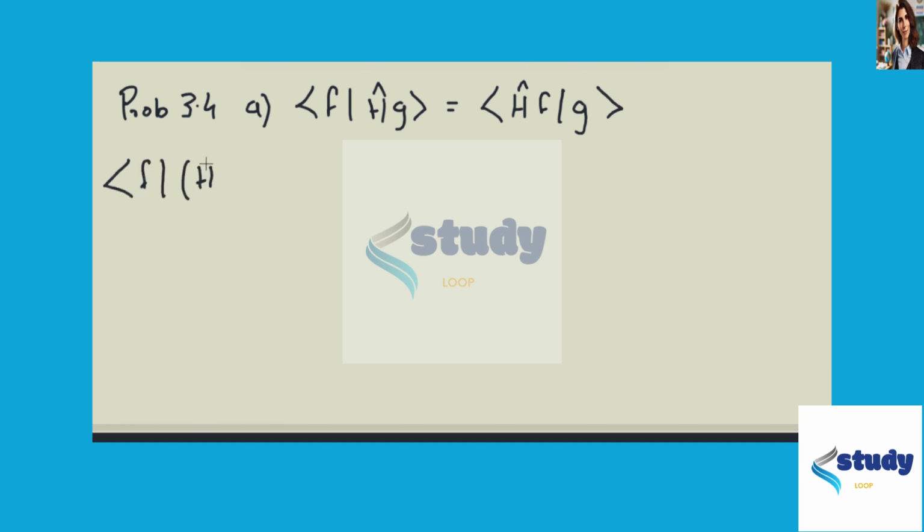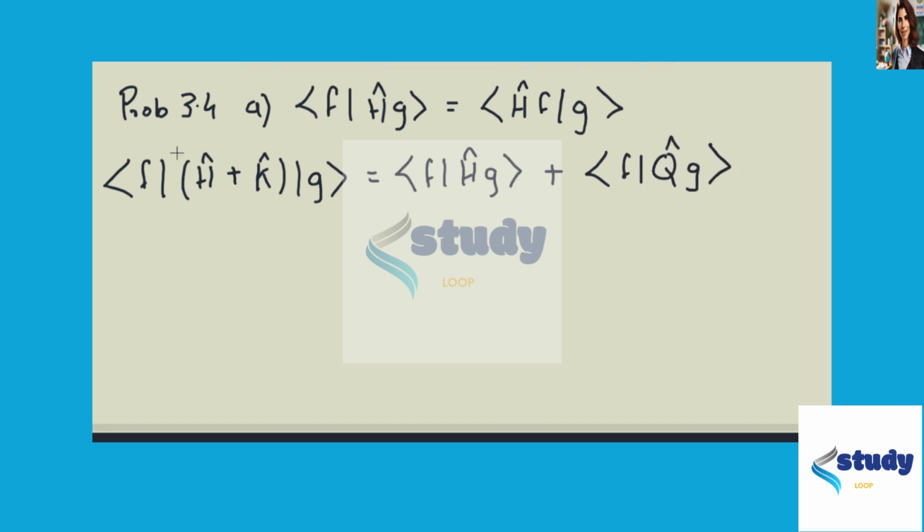So H cap plus K cap, where K cap is also a Hermitian operator, scalar product with g. Now we can expand this sum like f with H cap g plus f with K cap g.